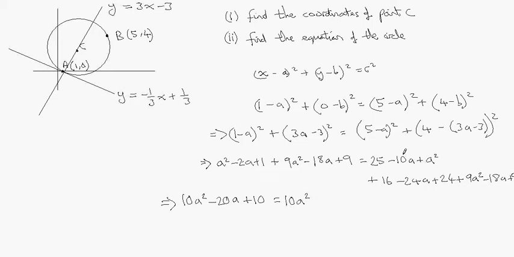And look at the a terms, we've got minus 10a minus 24a is minus 34a, minus a further 18a is minus 52a. Constant terms, we've got 25 plus 16 is 41, plus 9 is 50, plus 24 is 74. Can cancel the 10a squared.